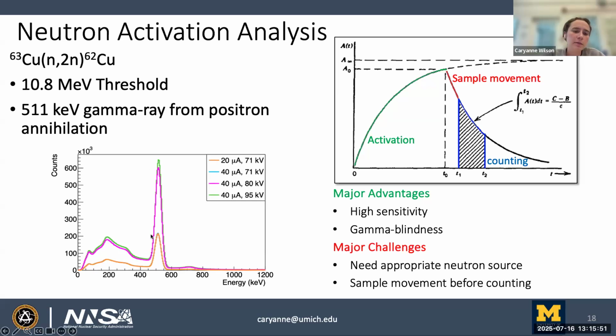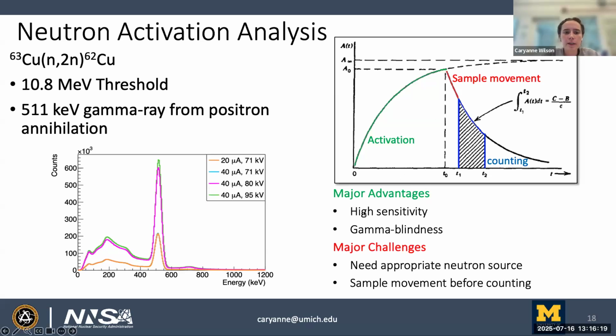So this is one of the spectra that I measured from some copper activations at various neutron outputs. And you see this really prominent 511 keV peak that is from the beta plus decay of the copper-62. So those will emit 511 keV gamma rays when the positron annihilates.